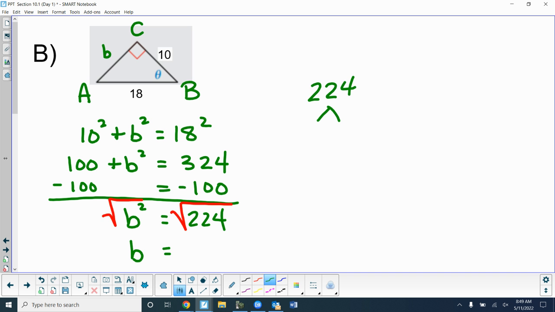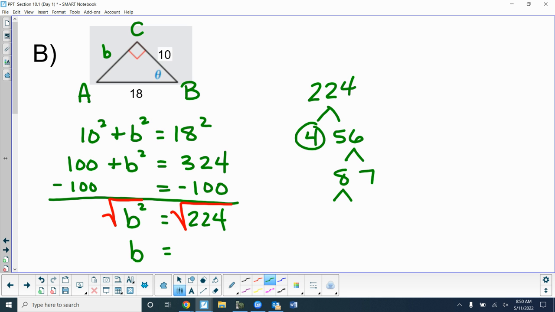I know 4 should go into it. 4 into 224 is 56. I circle the 4 because I know 4 is a perfect square. And what's 8 times 7?